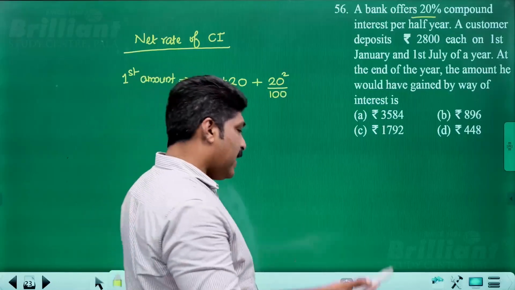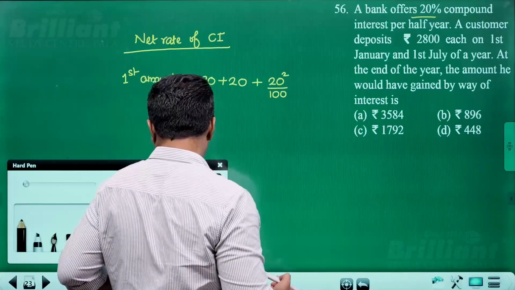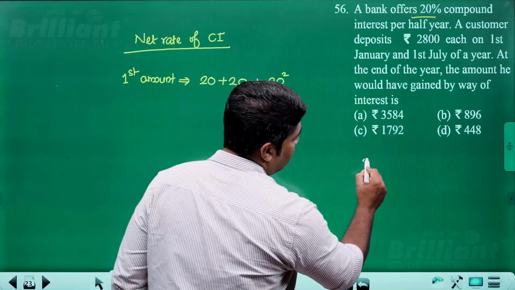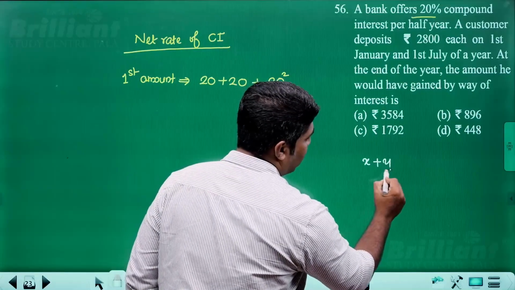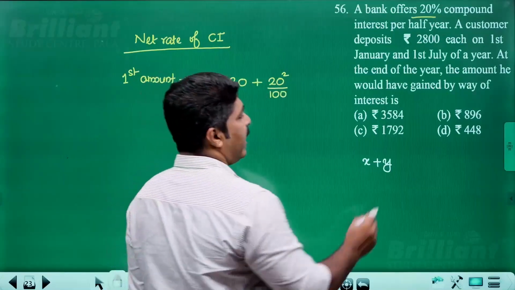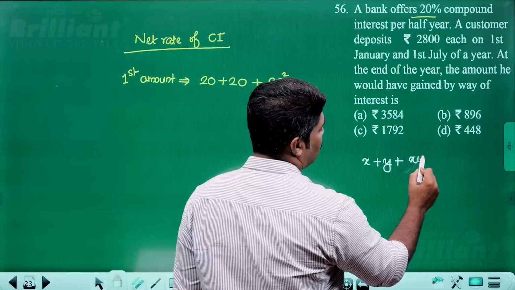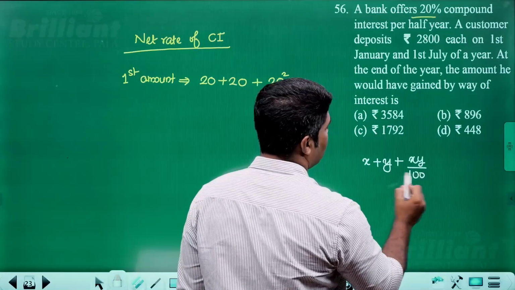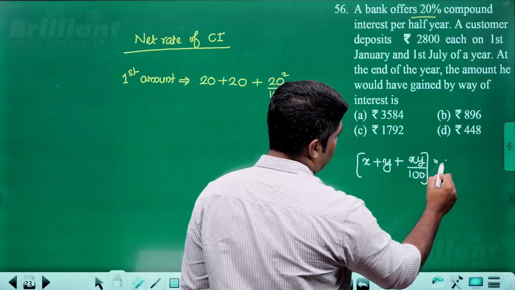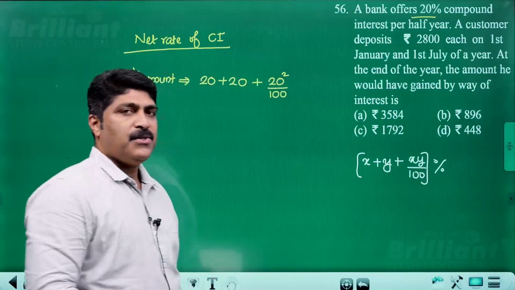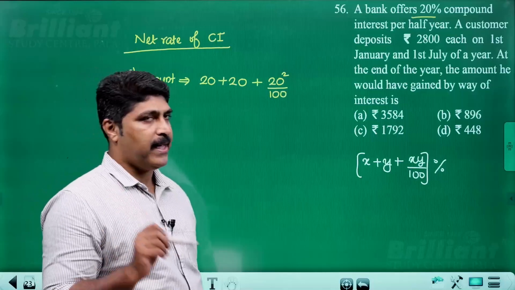A quantity is increased by X%, then successively increased by another Y%. The net result is X plus Y plus X into Y by 100 percent. Compound interest is basically a successive increment.